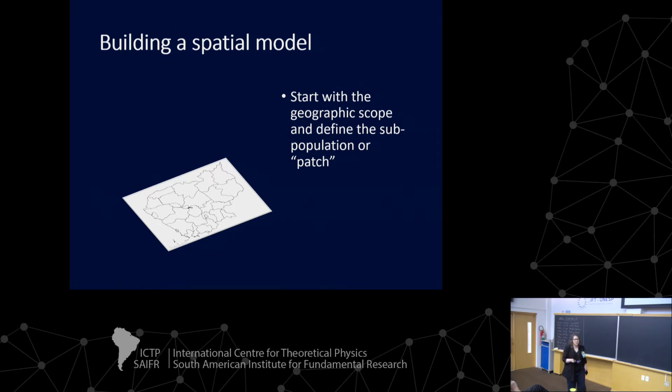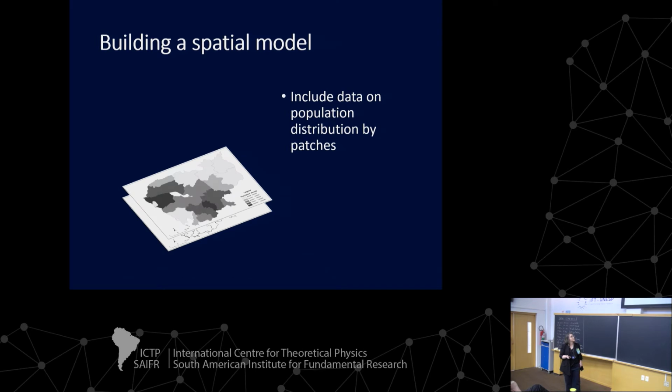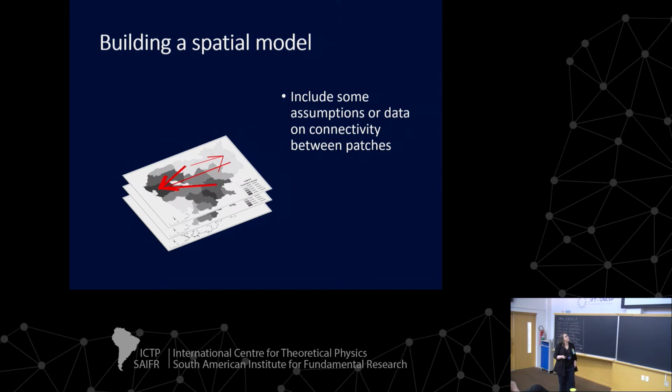Because of the talk yesterday with Sarah, I think we can go more quickly through this. So this is a multi-patch model. You need the population distribution in your patches once you've defined your geographical scope. And then we need to understand the connectivity between those patches.